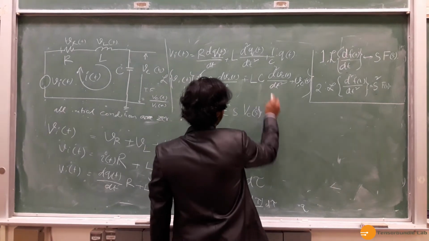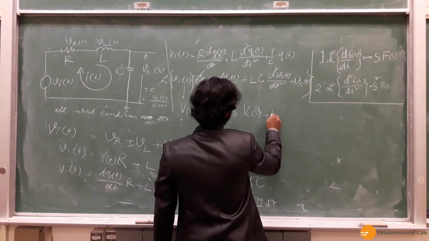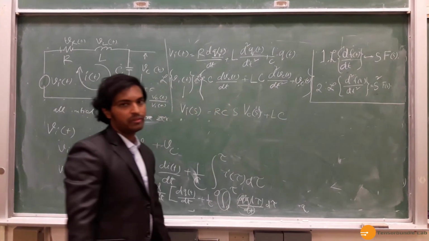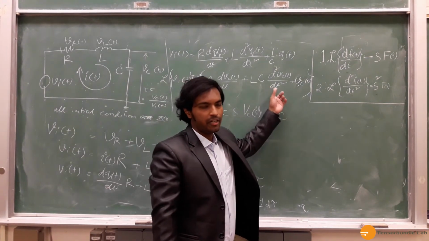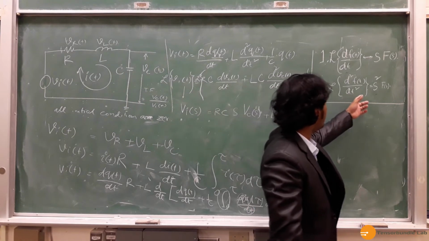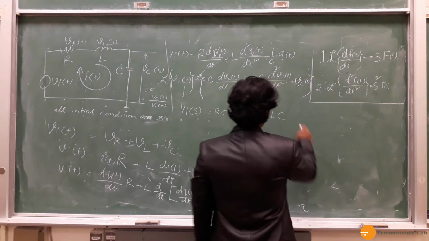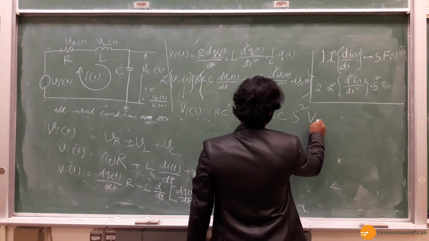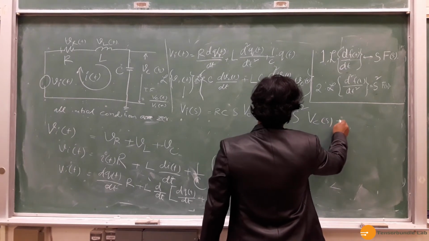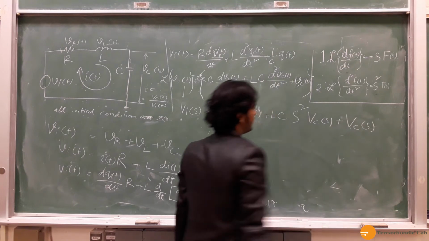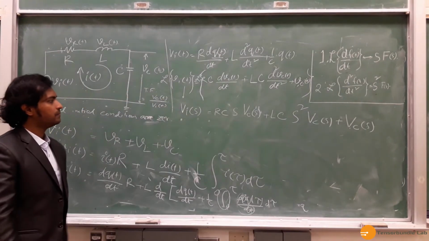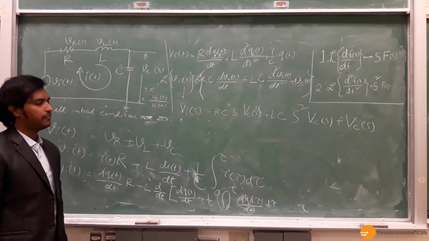Now, for the second part, L and C are constants, so they will remain the same. And this is a second order differential equation, which means we will apply this theorem. So it will be S squared V c of S plus, for the last term, it's just simple V c, so we will just write V c of S. Very nice.